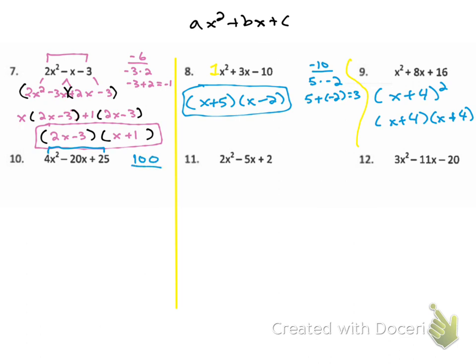Two factors of 100 that add to give me -20 would be -10 and -10. -10 times -10 is 100. -10 plus -10 gives me -20. So I'm going to split the middle term.